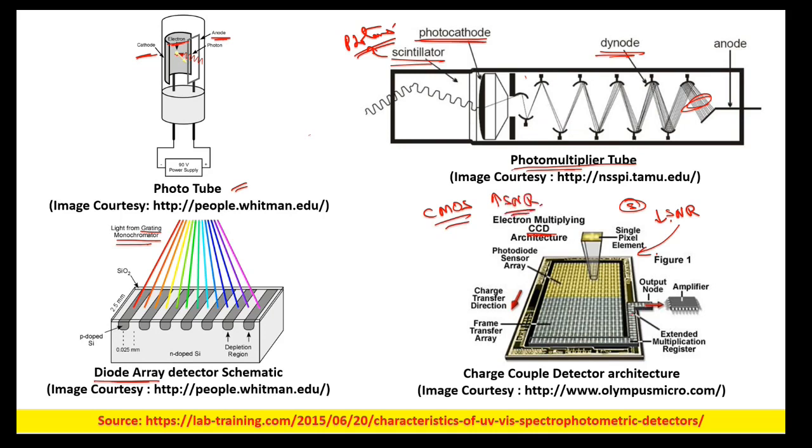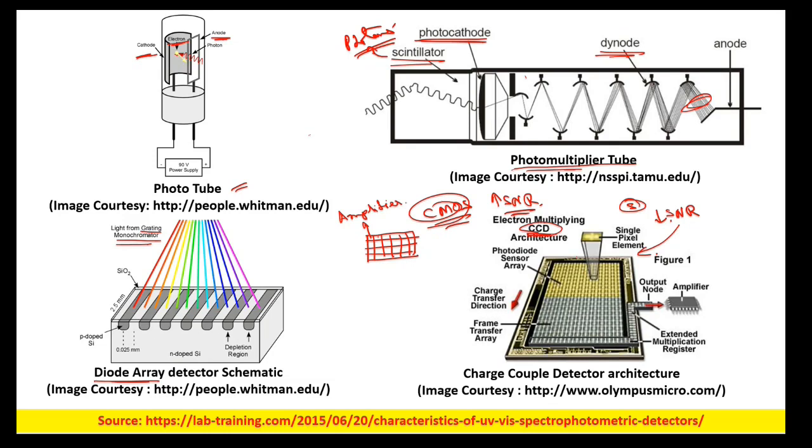Another important difference between the CMOS array and the CCD array is that for each of the sensing array components, the CMOS sensor has an amplifier for each of these sensing elements.